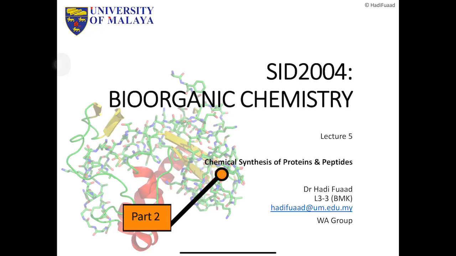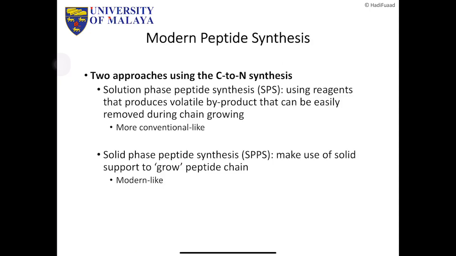Okay, so welcome back to SID2004 Bioorganic Chemistry Lecture 5. So that's when we move on to what I like to call modern peptide synthesis. Again, the approach is always C to N synthesis.